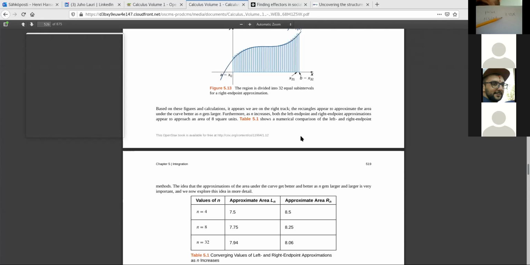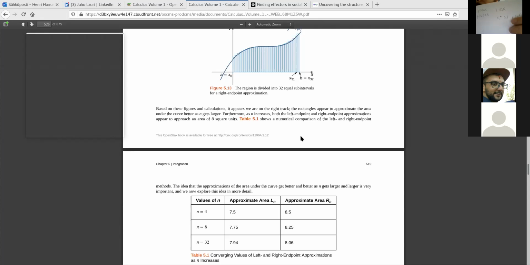Z is between these, and the intermediate value theorem then guarantees that we can find an xi star such that f at xi star is z.